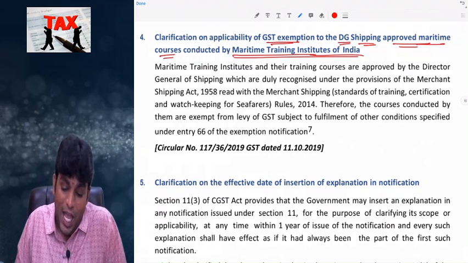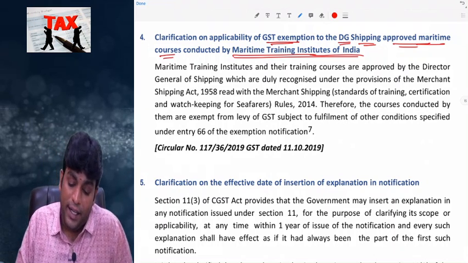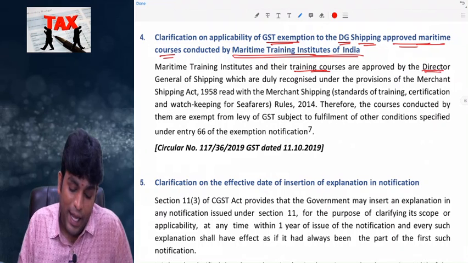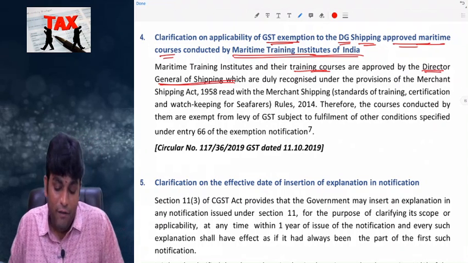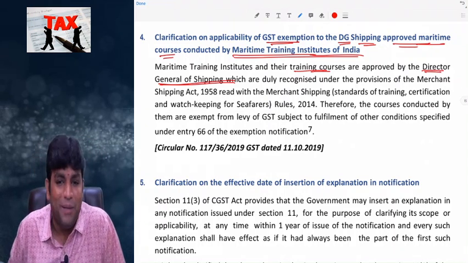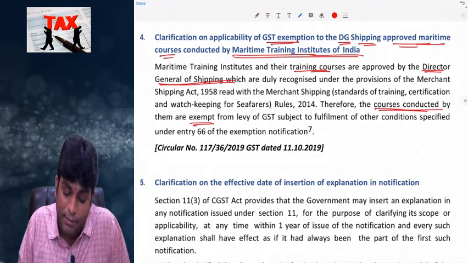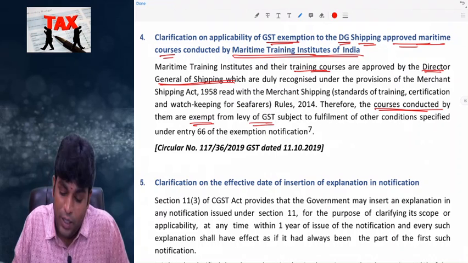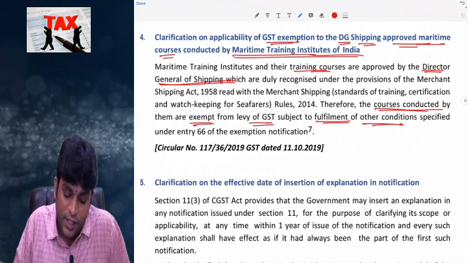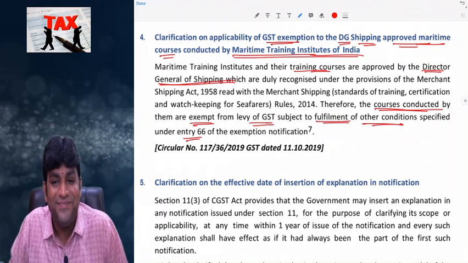Clear? Now here, Maritime Training Institute and their training courses are approved by the Director General of Shipping. When they are approved, obviously it is exempt. Therefore, the courses conducted by them are exempt from levy of GST, subject to fulfillment of other conditions specified under the entry.